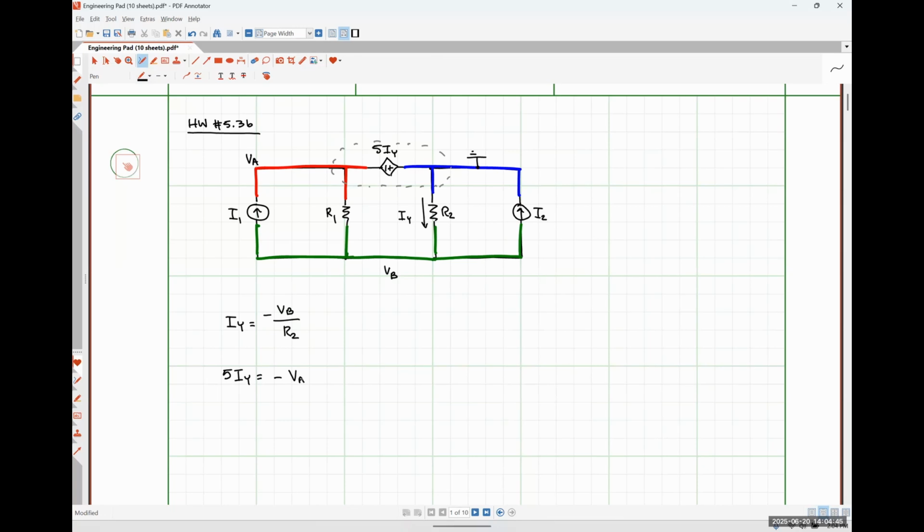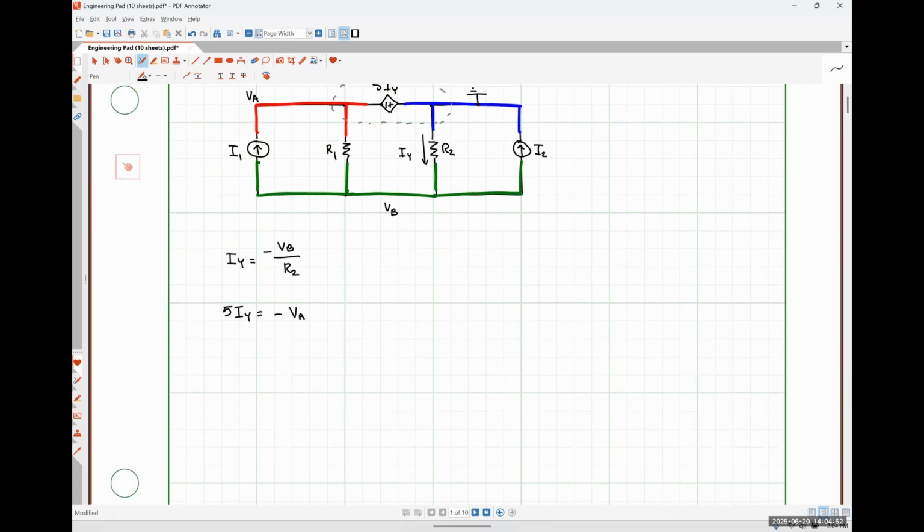And the last thing that we'll need to do is just write a KCL equation at node B. So that's going to be these four currents in the direction that I've indicated.